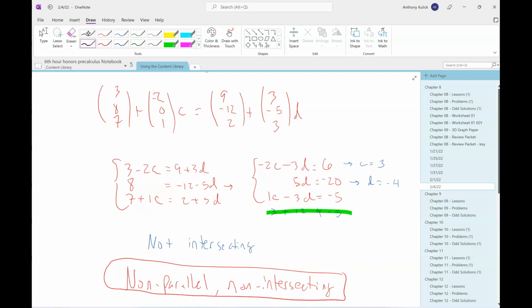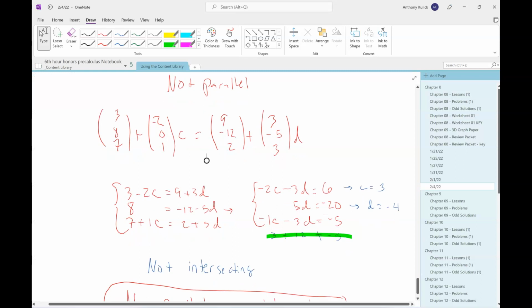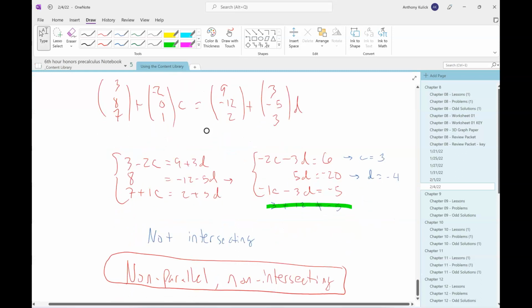Does that feel okay to you guys? Jack, what's up? Would that be a positive 1c or negative? Yeah, I think it's negative 1c. Oh, because I moved it over. Oh, positive 1c here.